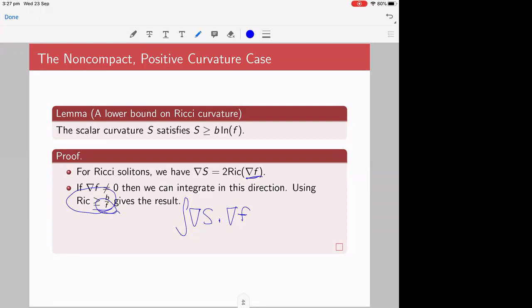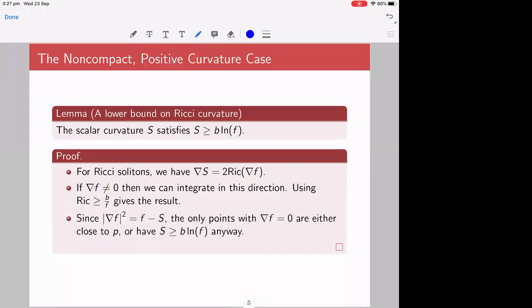Now, there's only one real technicality here, and that's that this direction of gradient f might not be that well defined. But this turns out not to be an issue, because remember we had that integral discussed earlier, namely that the absolute value of the gradient of f squared has to be the same as f minus the scalar curvature.